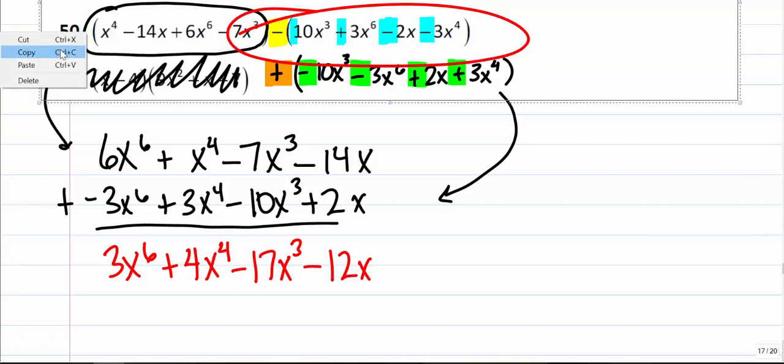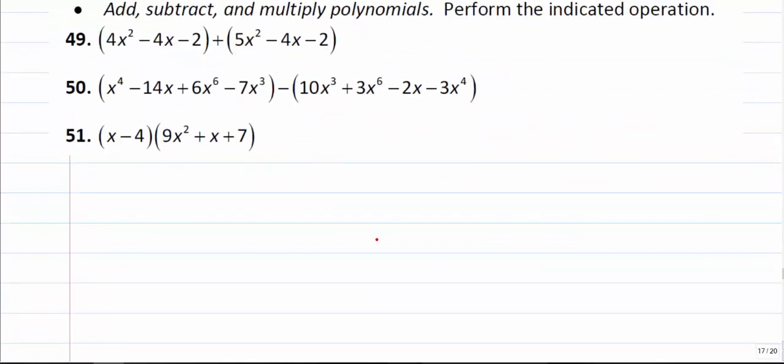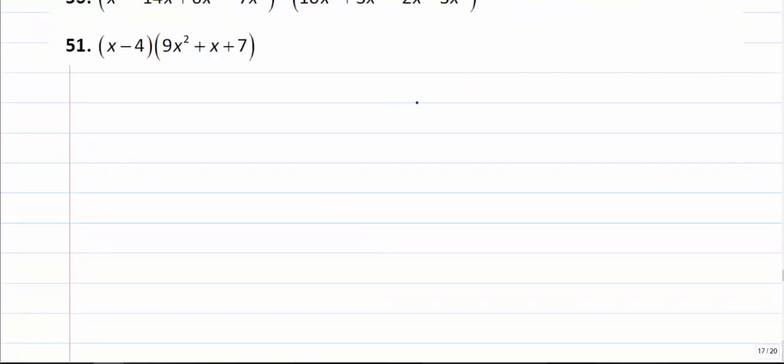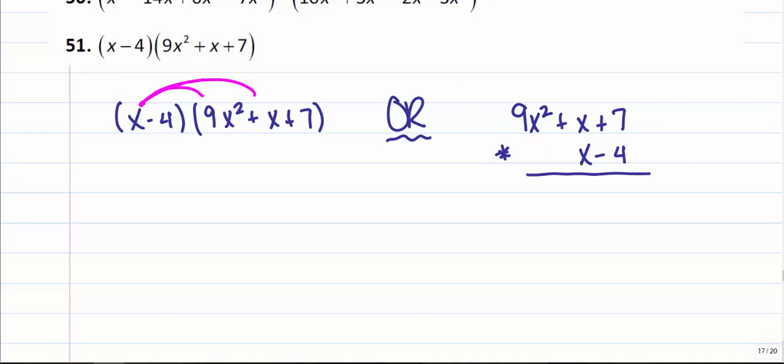All right, and I erased it, but I do want to look at number 51. You've got your options of the two ways that I showed you guys. The way that I like to do it is by setting it up like old school addition. Some people like to do this. They prefer the arrows, the old way that most of us learned how.